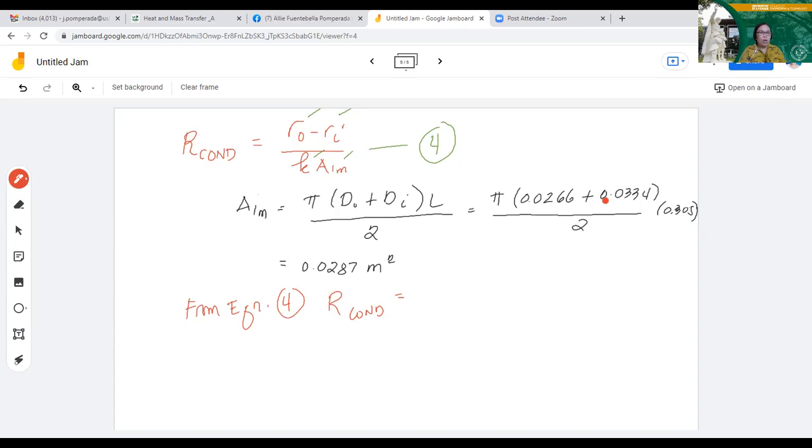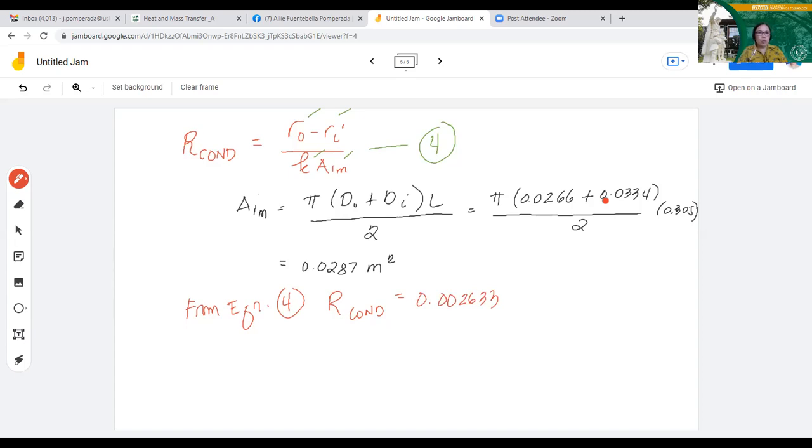So the resistance due to conduction would be 0.002633. Okay, this is just one of the 3 resistances that we need to account for. So we know it already.